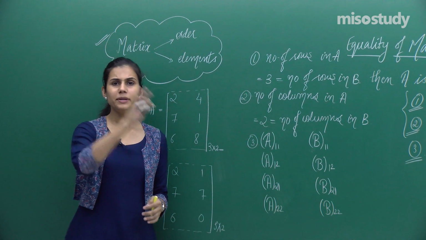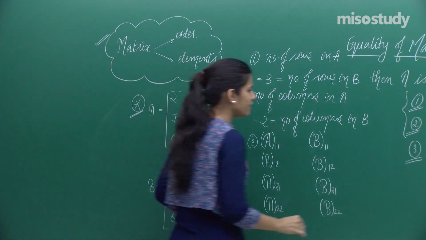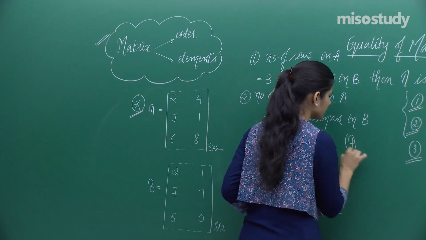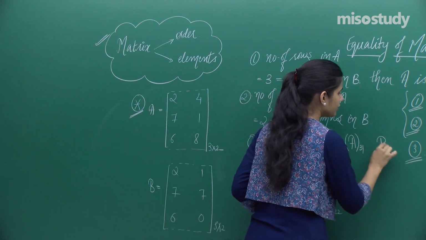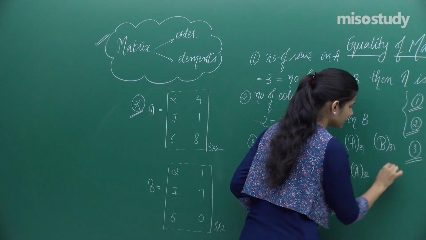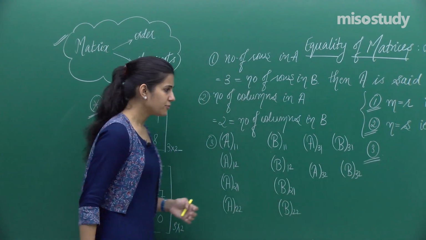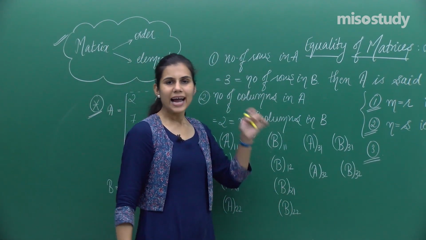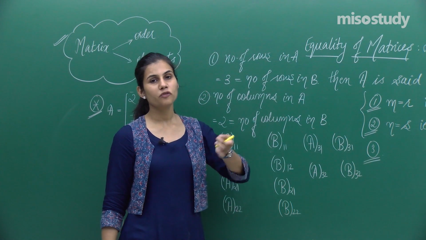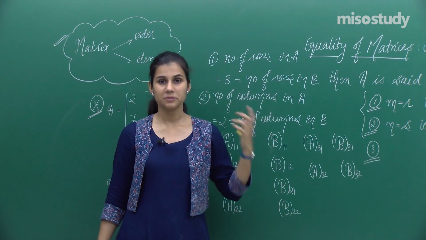Then the third row will intersect with both the columns to give you the 3/1th element and 3/2th element, in both matrices. So what I am trying to say is, whatever the identification of the elements of matrix A, exactly the same is the identification of the elements of matrix B.